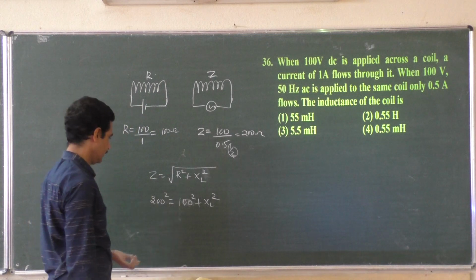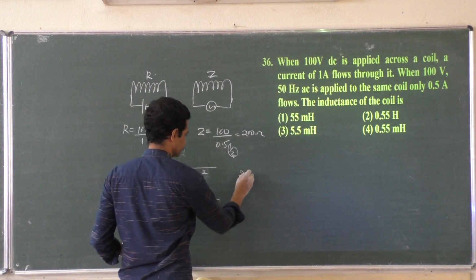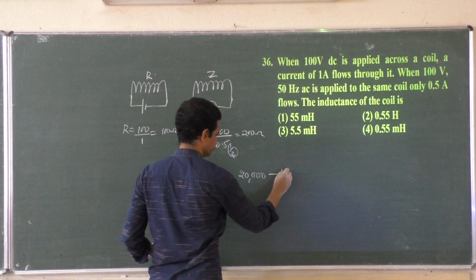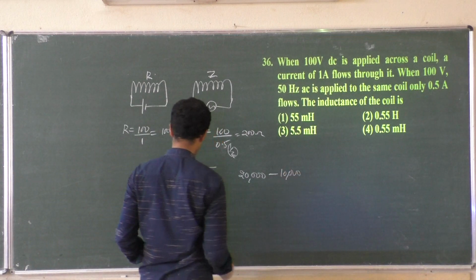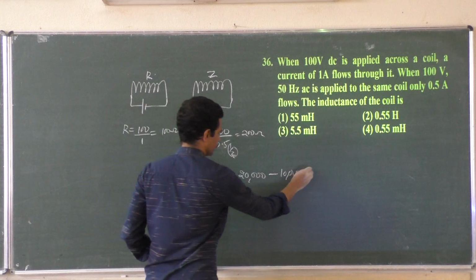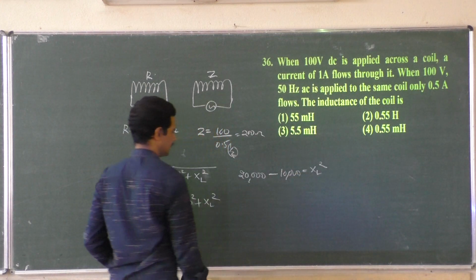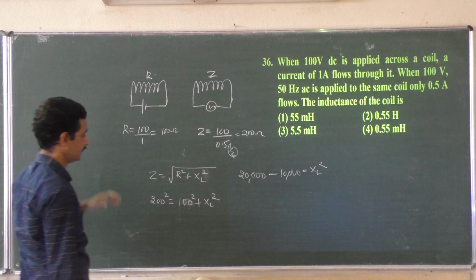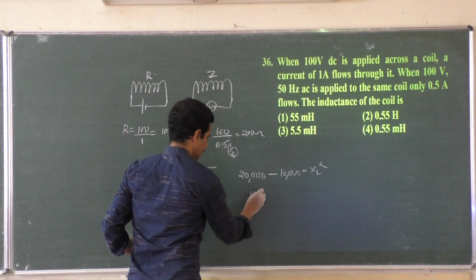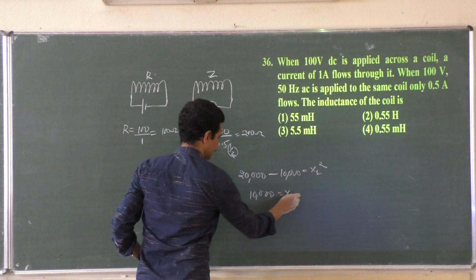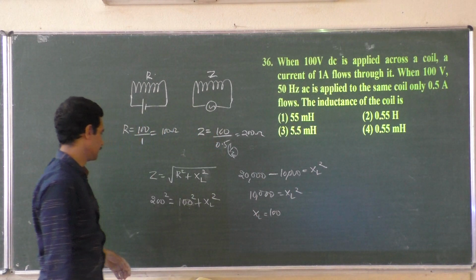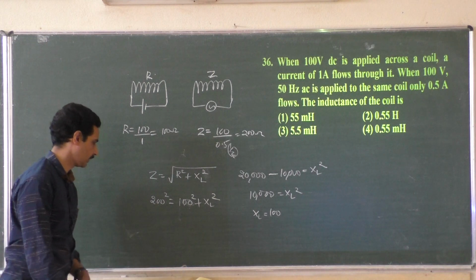What is XL? 20,000 minus 10,000 is equal to XL square. What is this? 10,000, isn't it? It is 10,000, XL square. What is XL? 100. Am I right? We have gone wrong, I think.